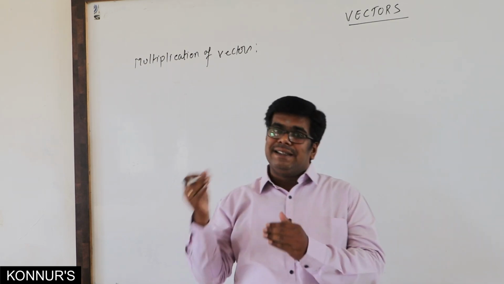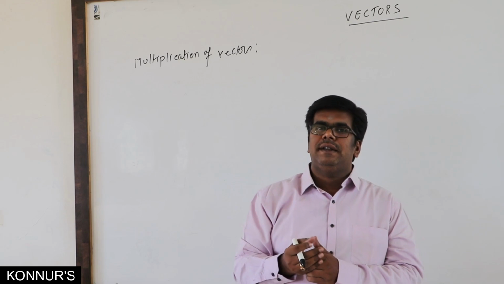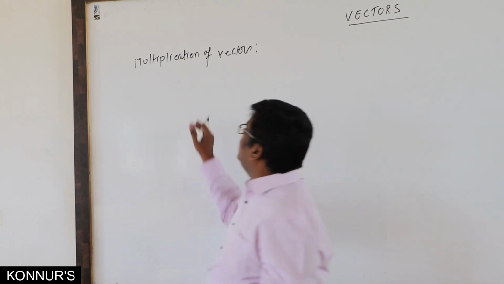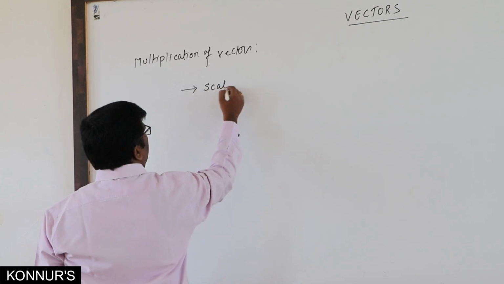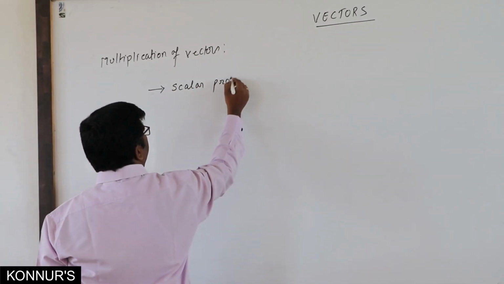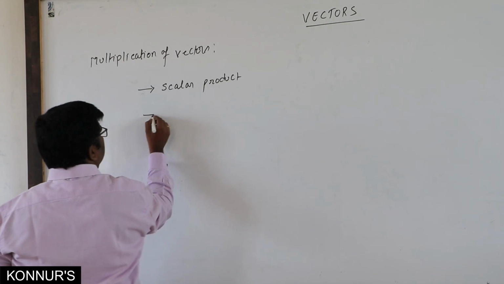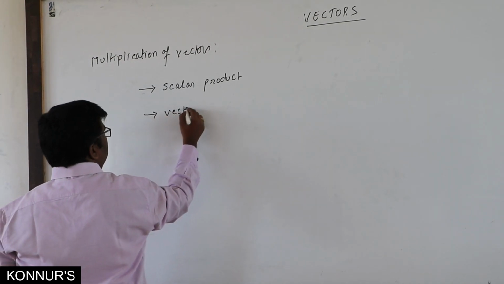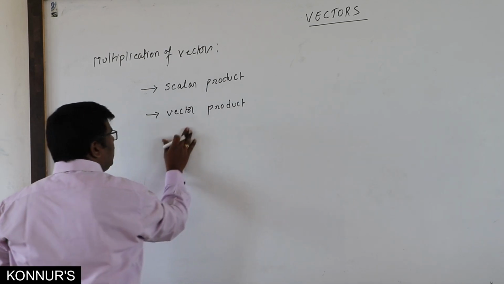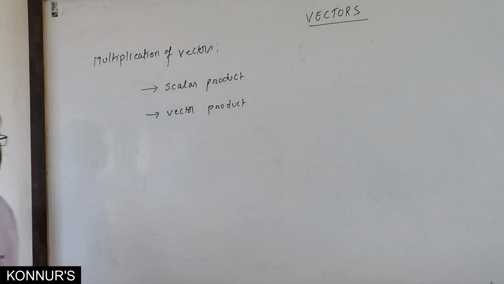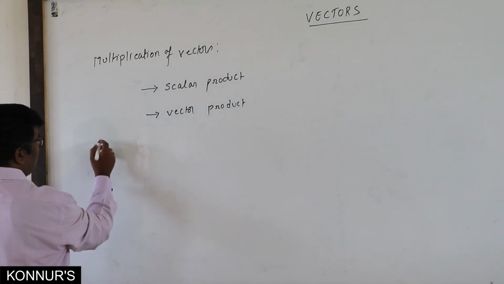And if the result is a vector, we call it a vector product. So in multiplication, one is scalar product, another one is vector product. Scalar product means the result is a scalar, and vector product means the result is a vector.